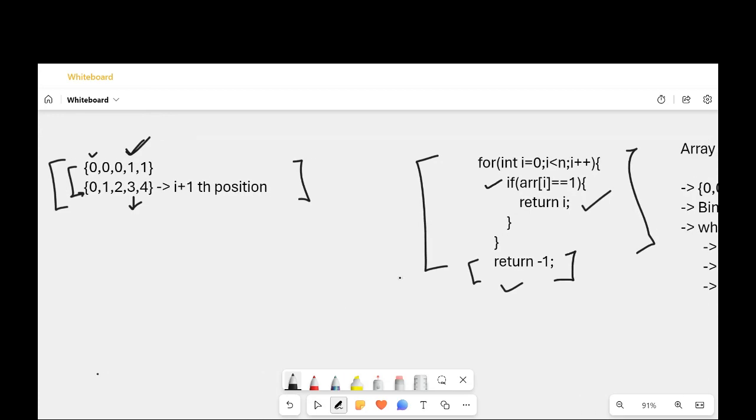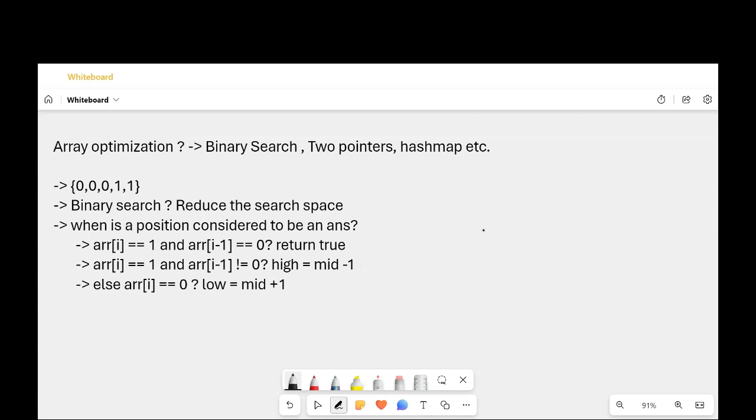So what about the optimization approach, right? I have discussed in our previous videos as well that whenever we are thinking of any question related to array optimization, always think about algorithms like binary search or two pointers, or if you're allowed to use any extra space, then we can use something like hash map or set, right?